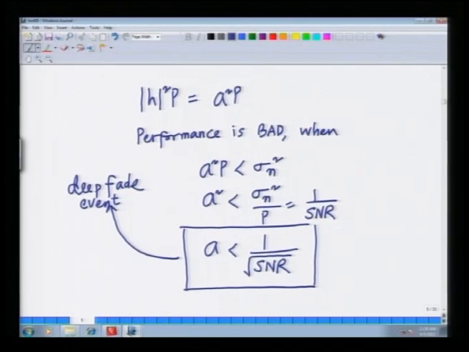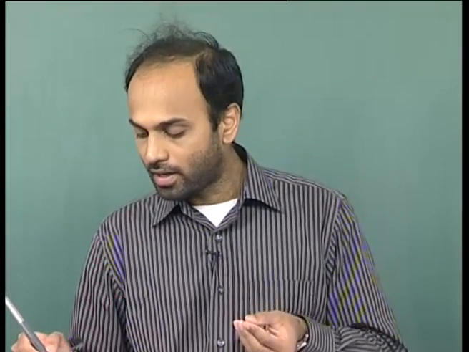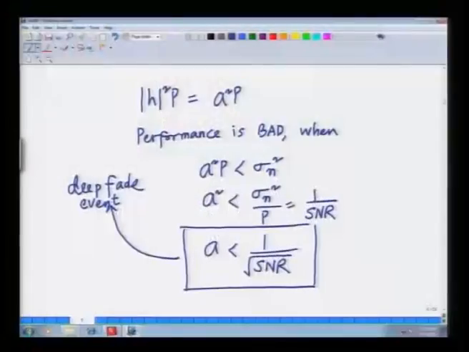This is happening because the interference is destructive to an extent that very little signal power is received. For that to happen, the magnitude of the fading coefficient A has to be less than 1 over square root of SNR. This is known as a deep fade event.